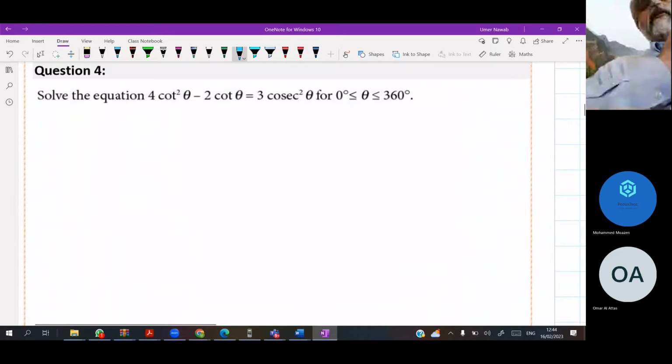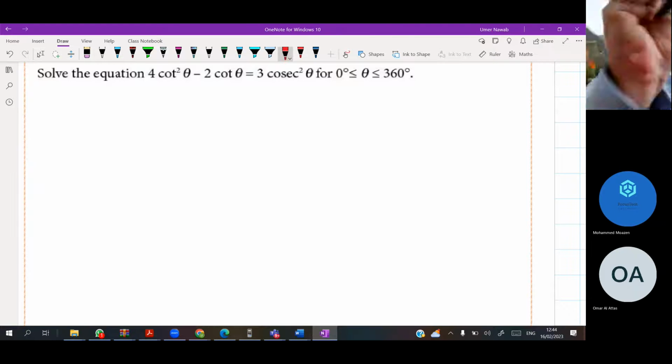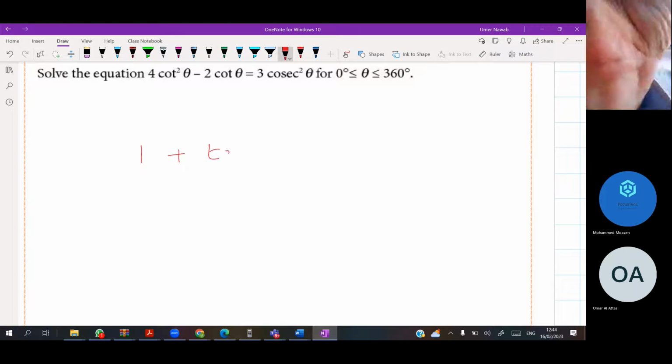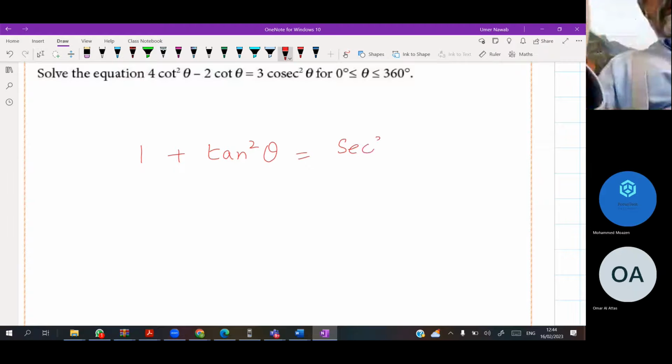Now we go to the trigonometry. Look, in trigonometry, the question which I have put in the exam, I want the following things from you. You need to know that 1 plus tan squared theta is always equal to secant squared theta, which is the Pythagorean identity, right? So stick to it.